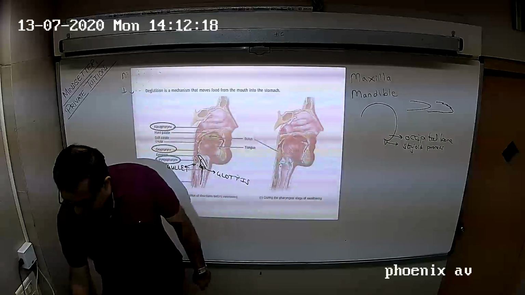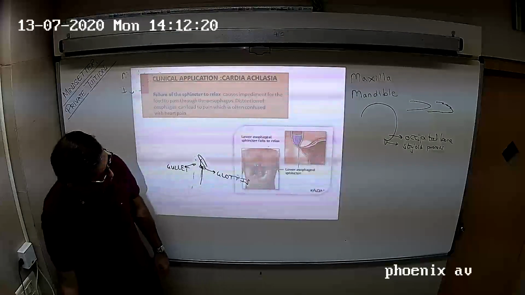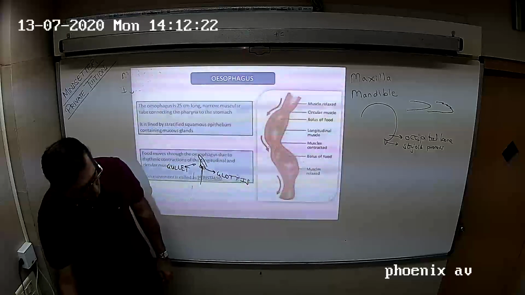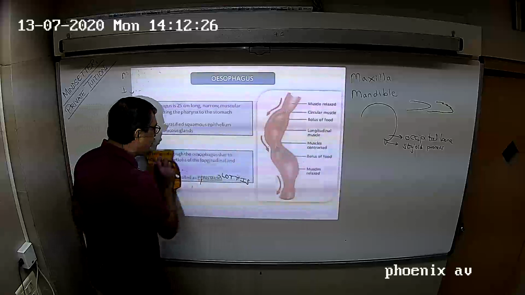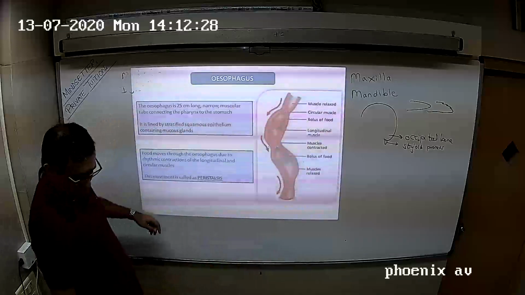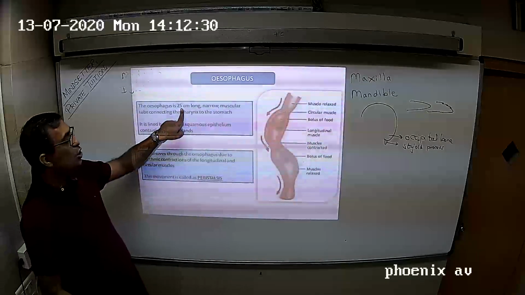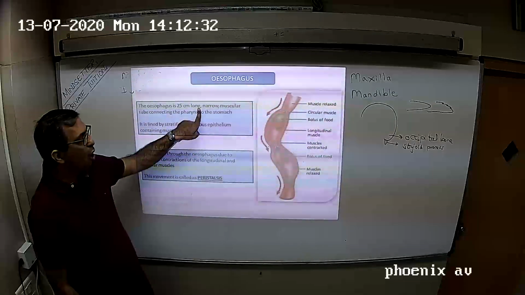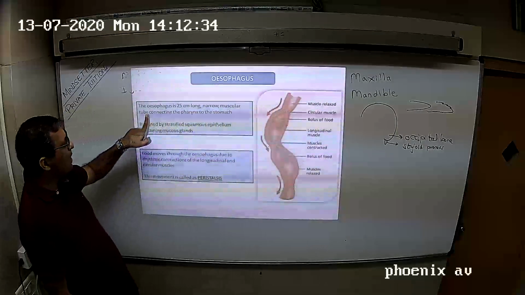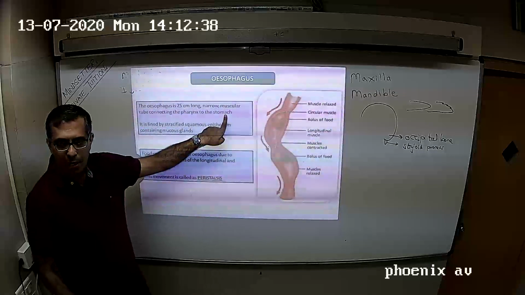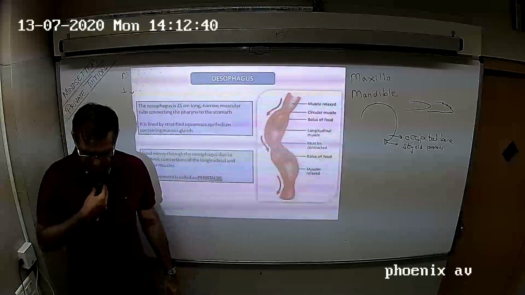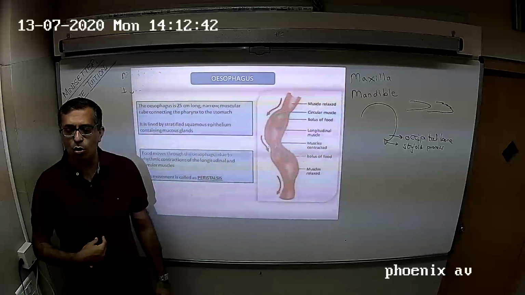When the food enters now, the food will enter into your esophagus. The esophagus is 25 centimeters long, narrow muscular tube connecting the pharynx to the stomach. So sir, esophagus 25 centimeters long hota hai.